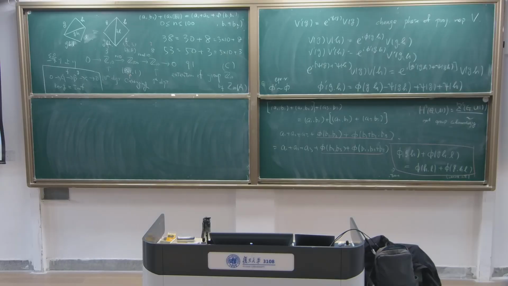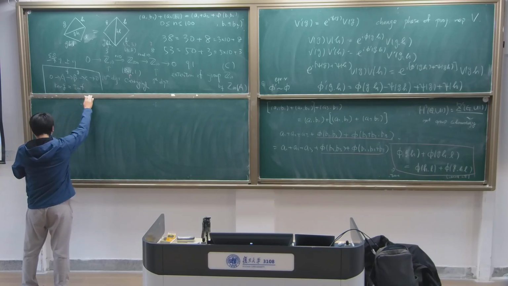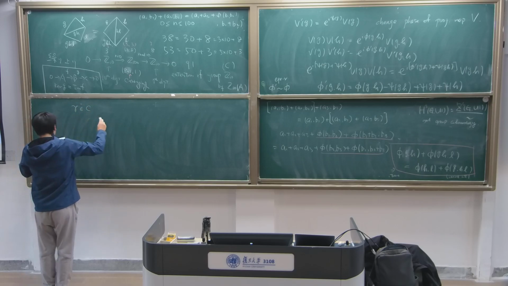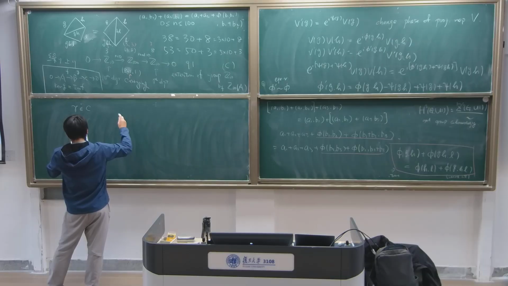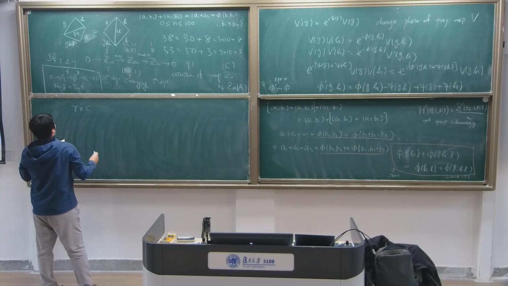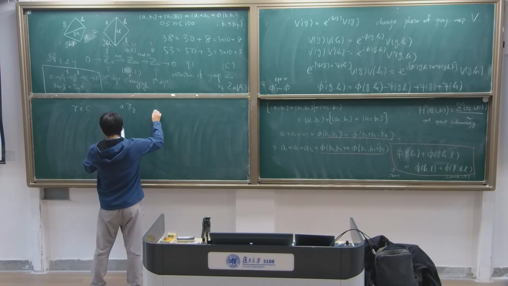Okay. Fine. And in particular, you pick the element, given the element say gamma in C, suppose the gamma can be written as A times gamma G. Sorry.